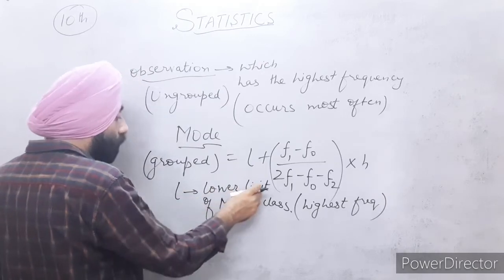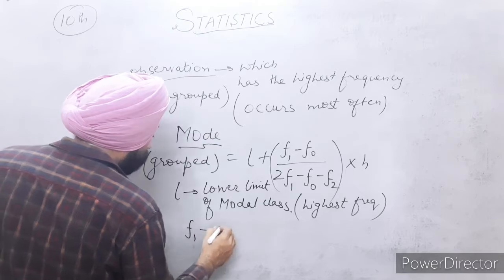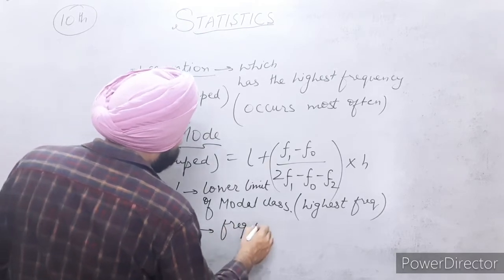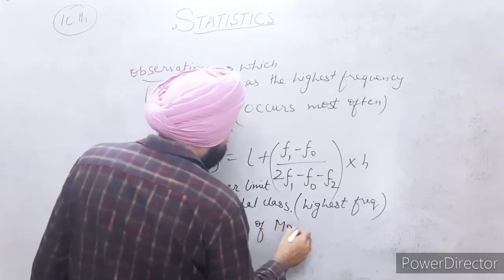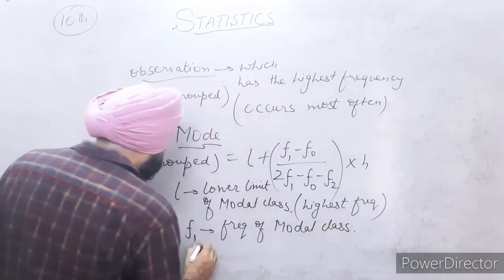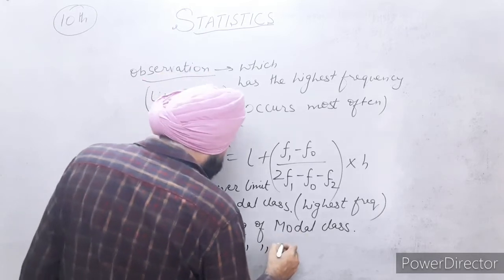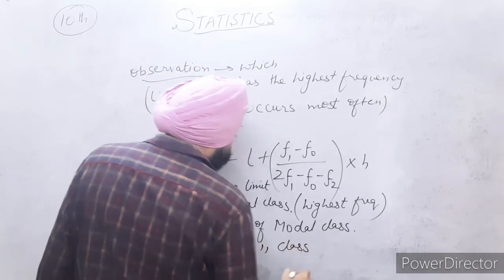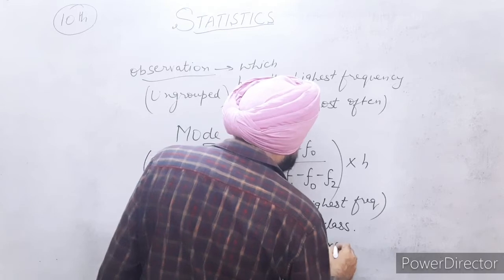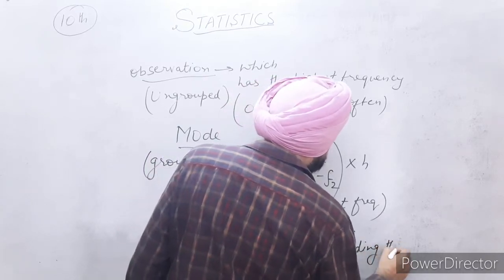This L is the lower limit of that modal class. F1 is the frequency of the modal class. F0 is the frequency of the class preceding the modal class.